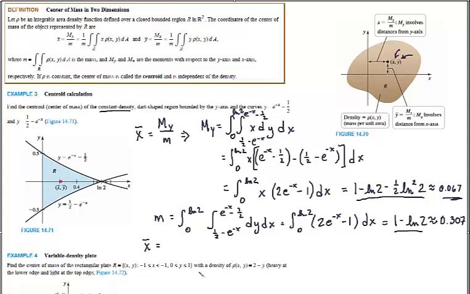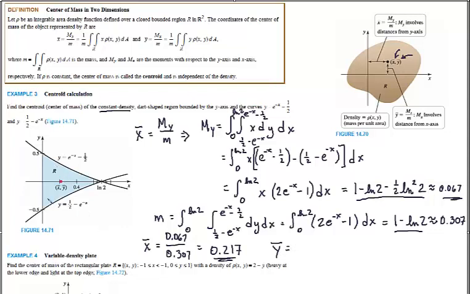For my x-coordinate point, I would do the moment with respect to y, which would be 0.067 over the 0.307, and this x-coordinate is then 0.217.